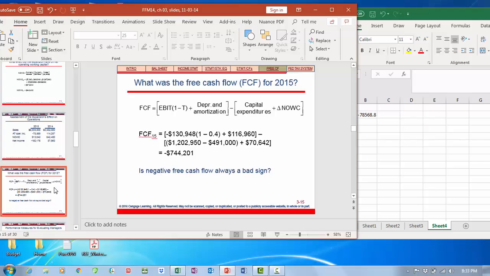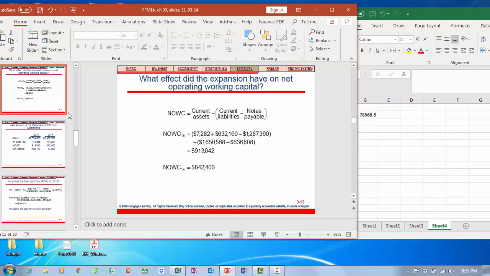So what was free cash flow for 2015? And we can calculate that by taking earnings before interest and taxes multiplied by 1 minus tax rate plus depreciation and amortization minus capital expenditures plus the change in net operating working capital. Now, change in net operating working capital you can get from here. So between 15 and 14, the difference is that change.